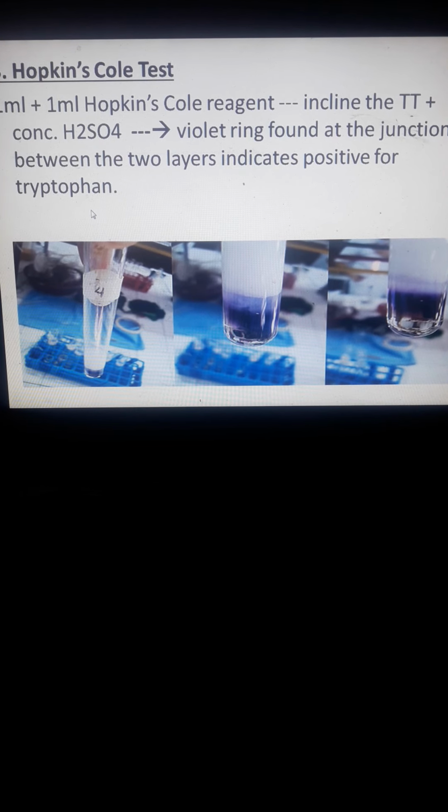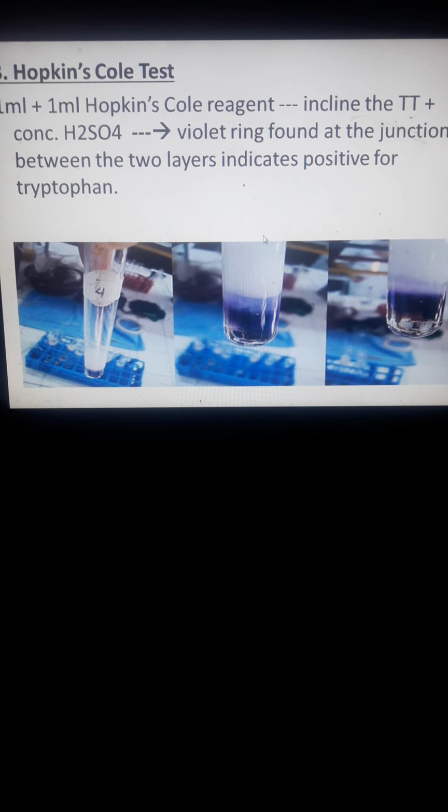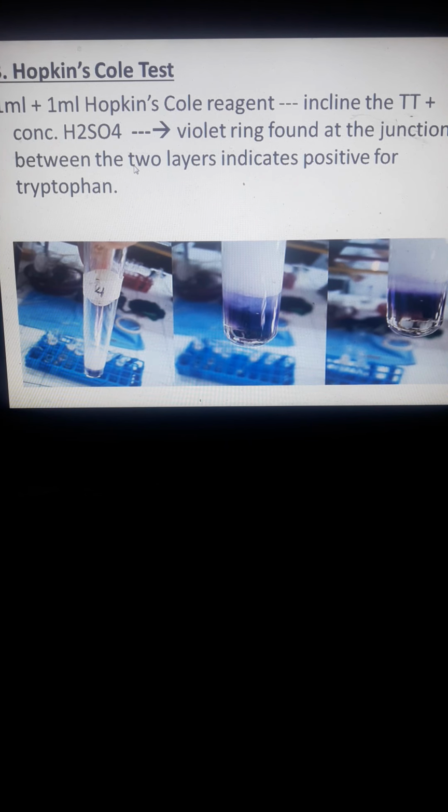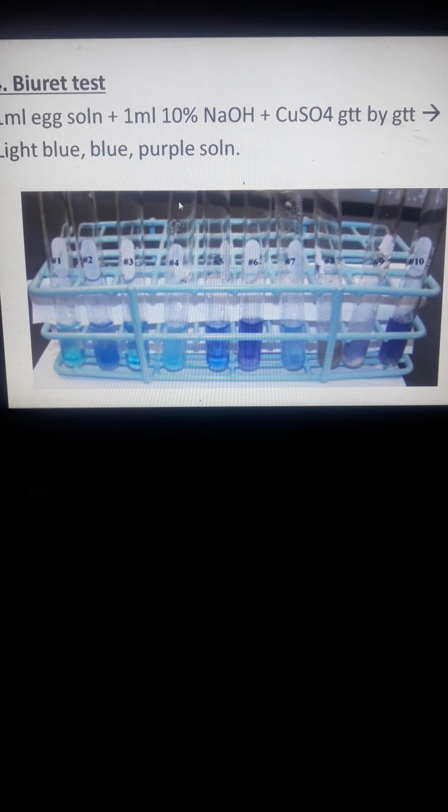So this is a purple layer that is positive for tryptophan, that is the Hopkins-Cole test, or glyoxylic test. Next, we have the biuret test. 1 ml egg solution plus 1 ml 10% sodium hydroxide plus copper sulfate, you add drop by drop, you come up with light blue or purple solution that indicates the presence of proteins.